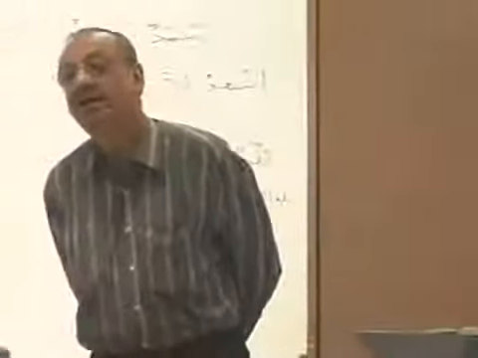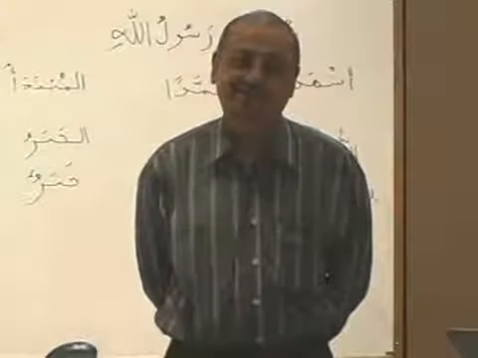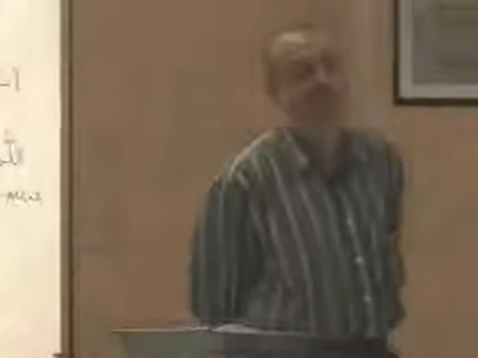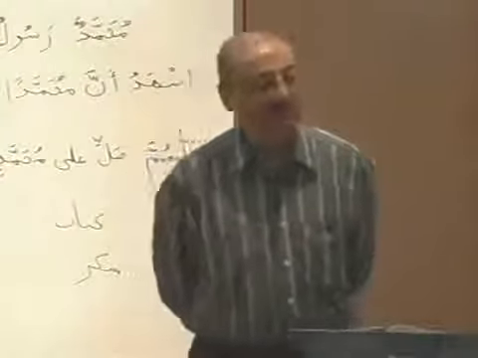But in Arabic, we have mubtada and khabar. Subject means mubtada, predicate means khabar. Every sentence, if it is a jumla ismiya, will have these two parts. There will be a subject and there will be a predicate. Now, in the beginning, we are dealing with simple sentences. As we go deeper and deeper, then we will be learning a lot more.